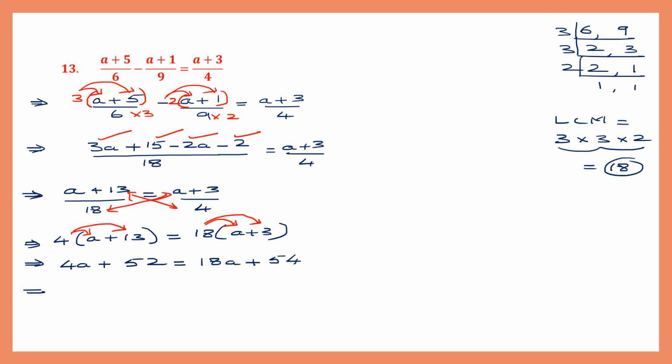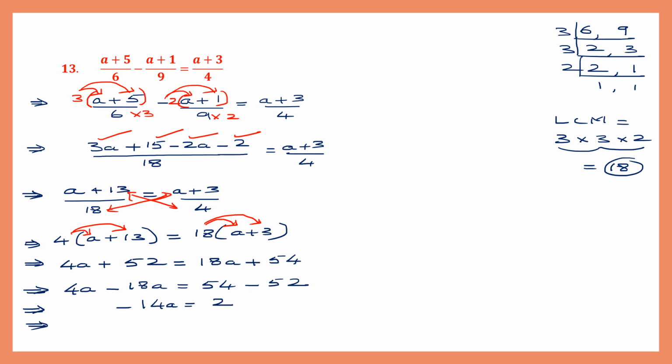So here we have 4a. Let's bring all the a's to one side. So leave 4a here. Bring 18a here. It becomes minus 18a. There we have 54. Take this 52 to the other side. It becomes minus 52. So now 4a minus 18a is minus 14a. And 54 minus 52 is 2.